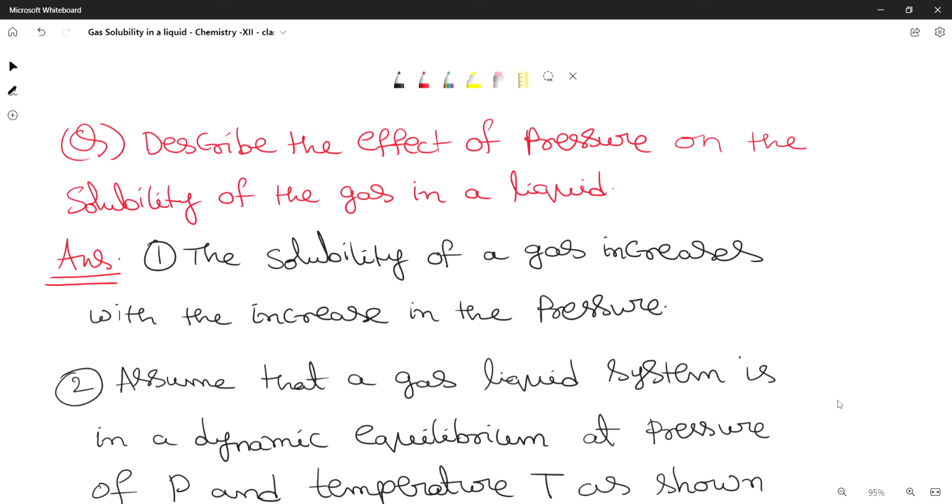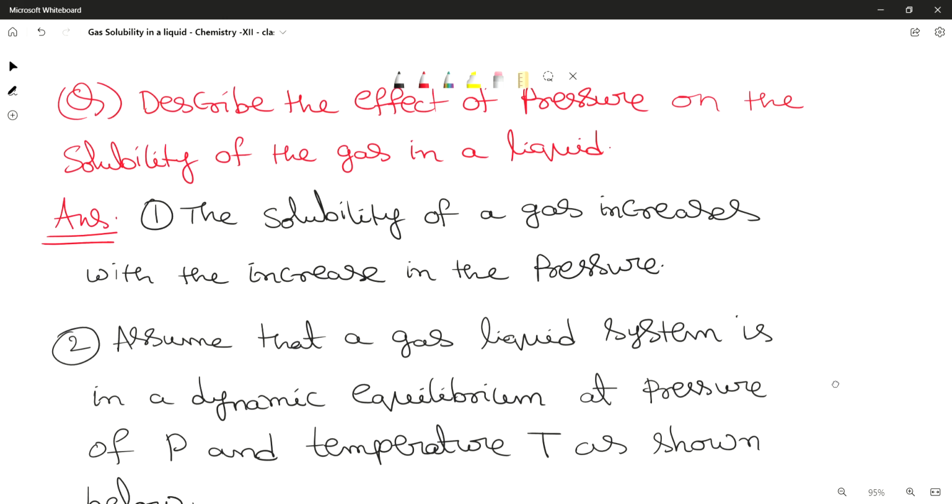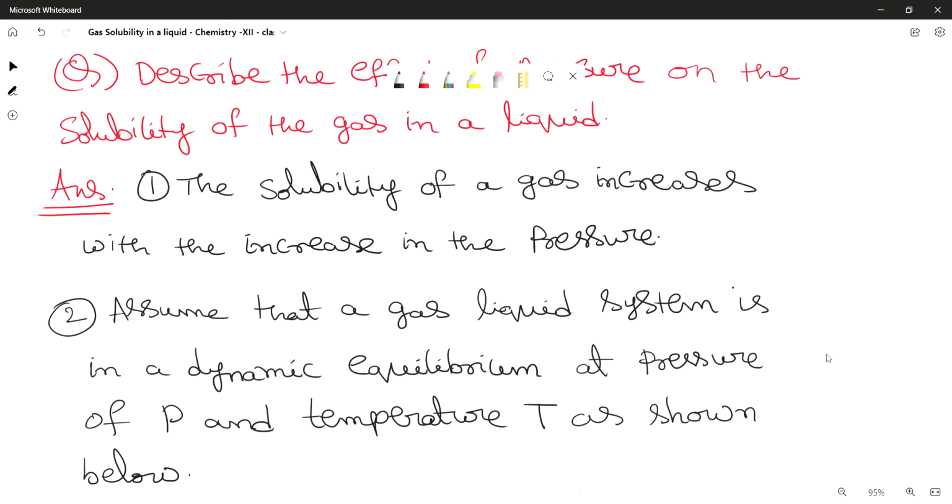Describe the effect of pressure on the solubility of a gas in a liquid. This is also a very important question. The solubility of a gas increases with the increase in pressure. Assume that the gas-liquid system is at dynamic equilibrium at a pressure P and temperature T, as shown below.